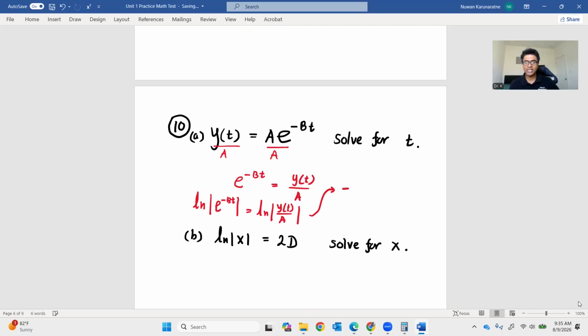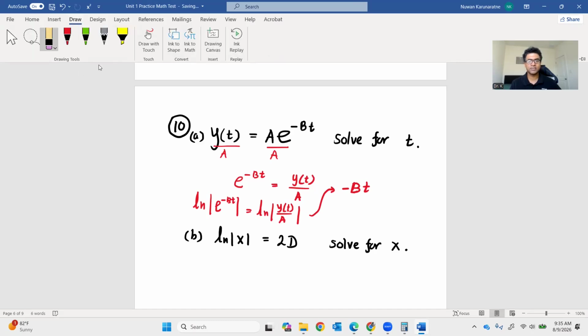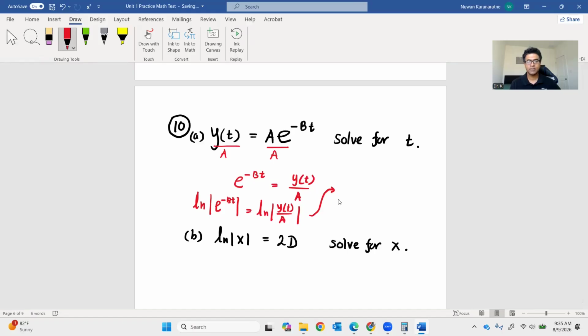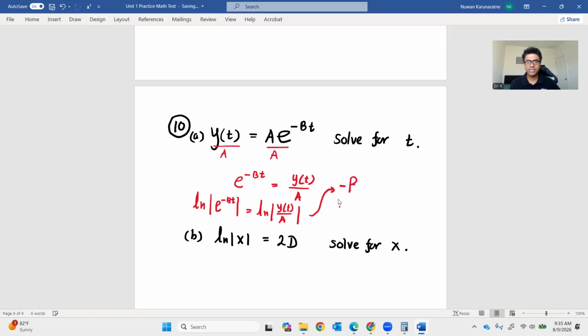So I'll have minus bt equals, so that's a little bit unclear, right? So I'll write that again. So minus bt is equal to ln y(t) divided by a.